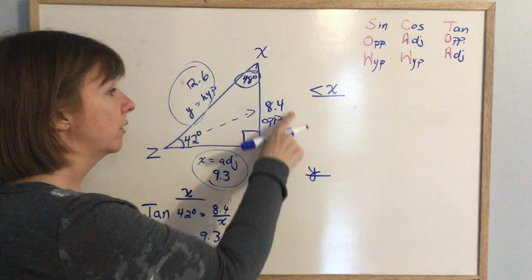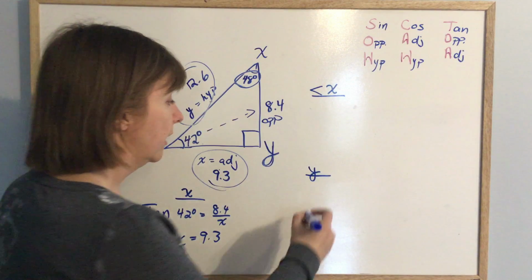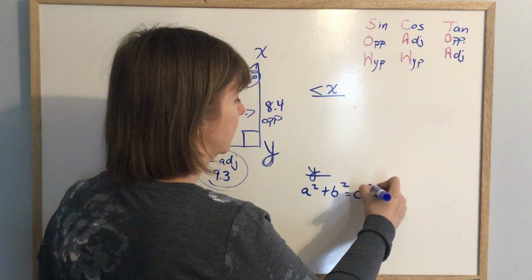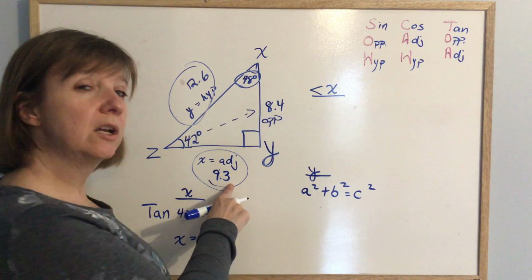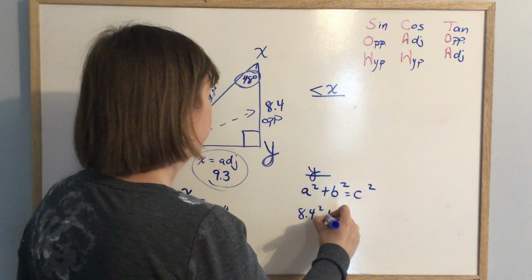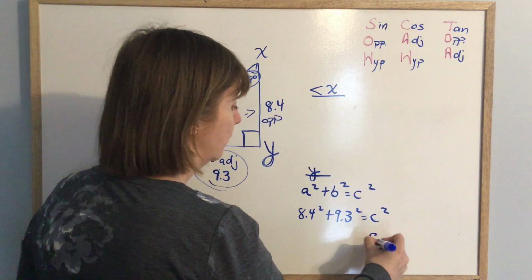And so now I know this side and I know this side, and I want to know the hypotenuse. I know that the Pythagorean theorem is a squared plus b squared equals c squared, c being the hypotenuse. So if I'm really confident that I got that right, I could do 8.4 squared plus 9.3 squared equals c squared.